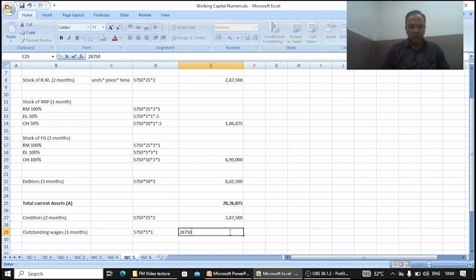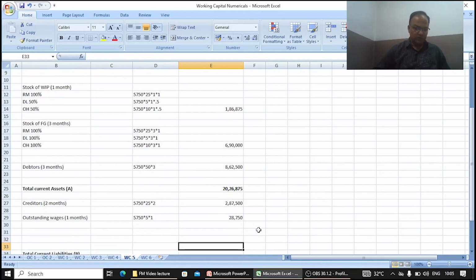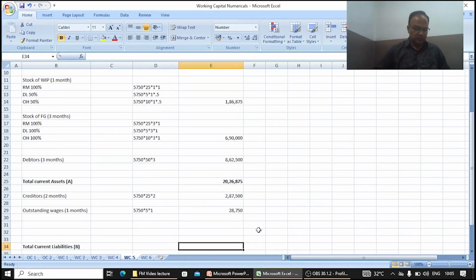Now add 287,500 plus 28750. Now the total will be 316,250.